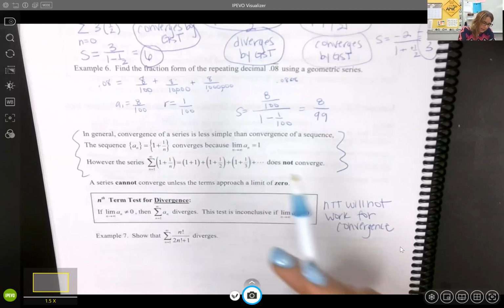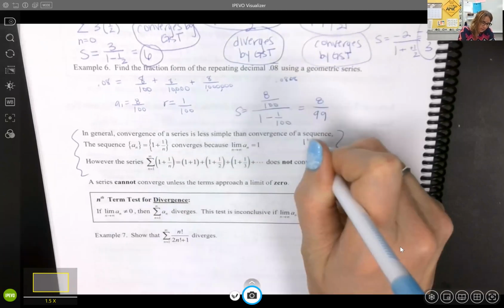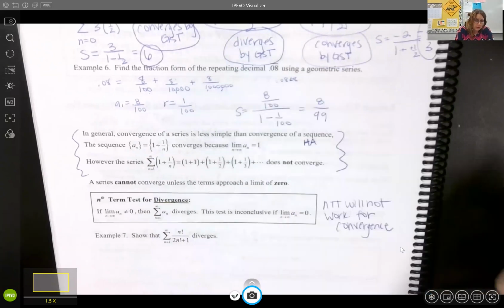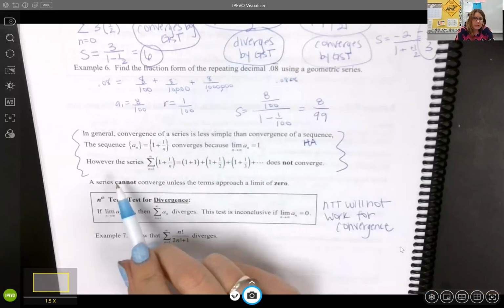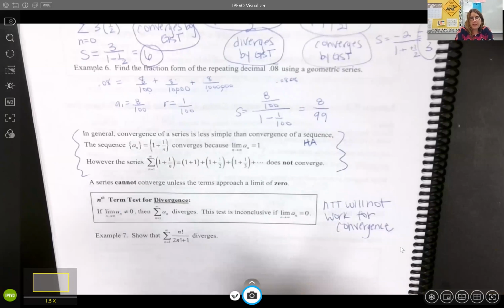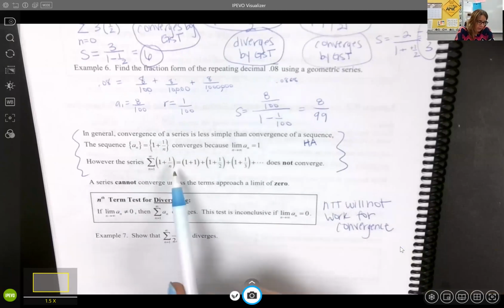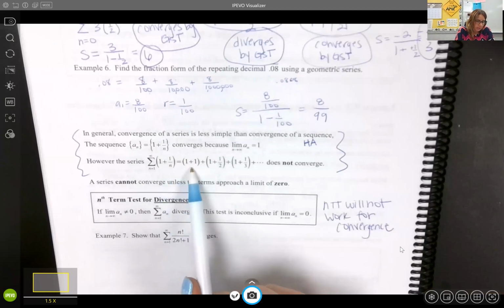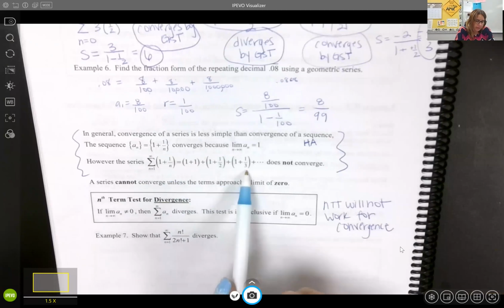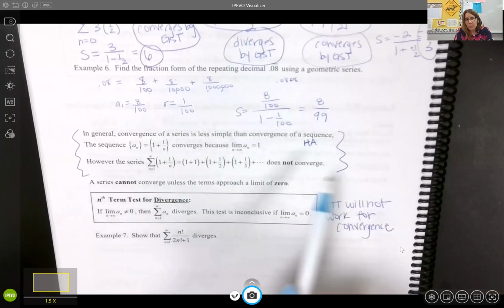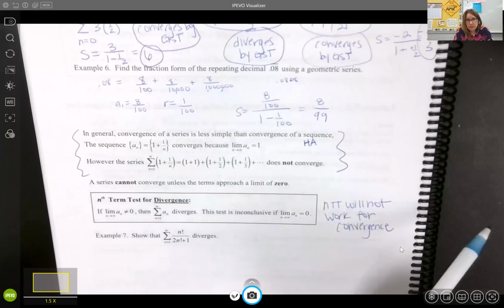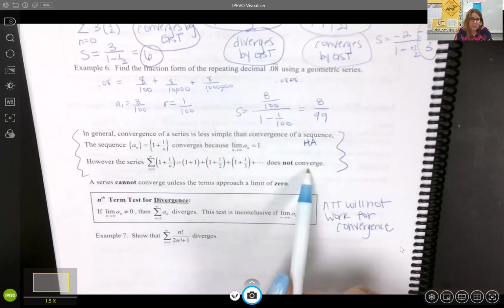The sequence is like our horizontal asymptote. The series is not a horizontal asymptote. This is the summation. If I figured out 1 plus 1 over n, this is going to be 2, this is going to be 1.5, this is going to be 1.3. I'm adding a whole 1 plus some change to the end of every single sum. So it does not converge, it keeps going.